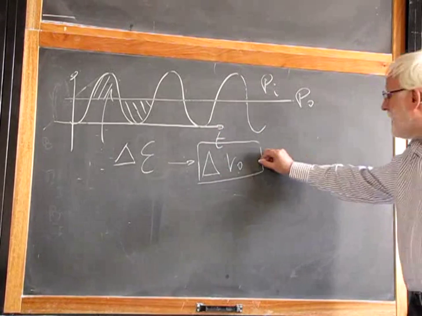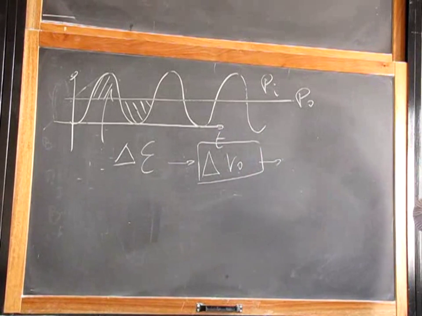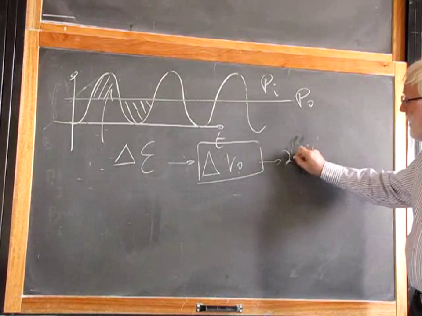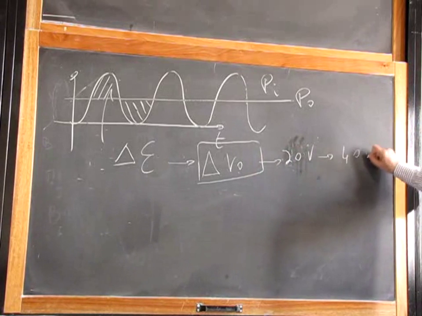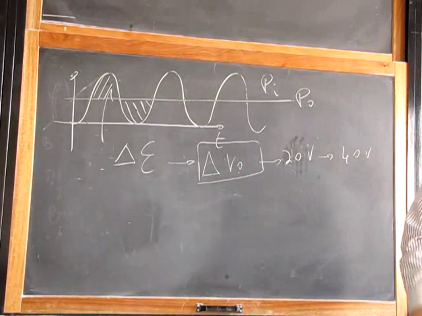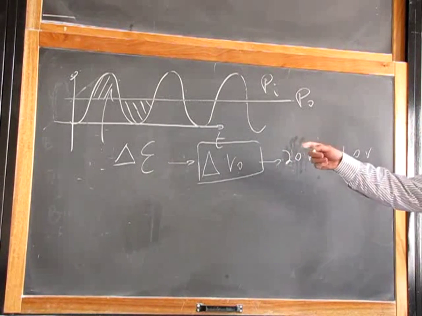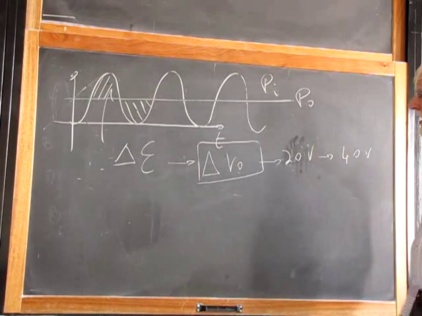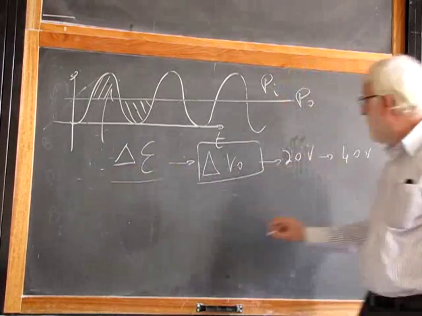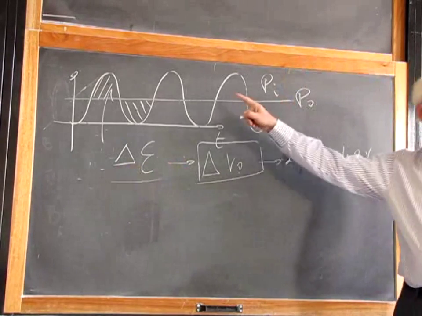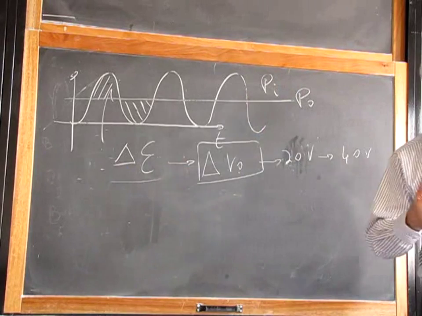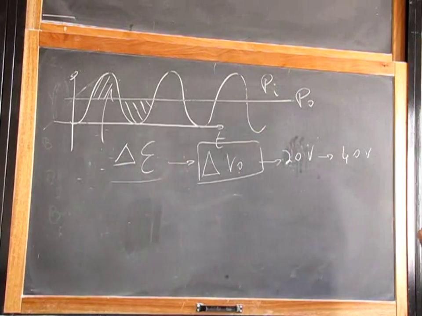This delta V naught in a PFC usually goes from, let's say, 20 volts up to 40 volts, so 5 to 10% of the output voltage, something like that. Knowing delta E and delta V naught, I can now determine the capacitance, because this is the only time that I need the real capacitance of an electrolytic capacitor.